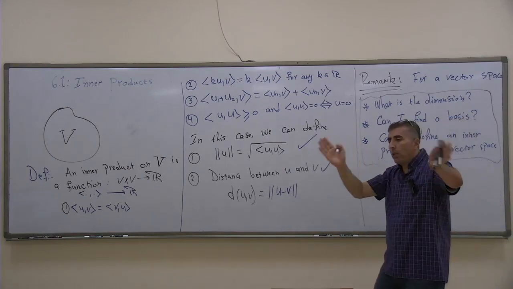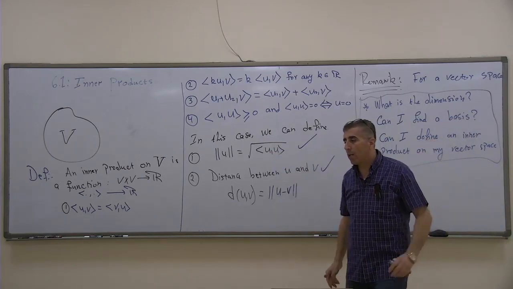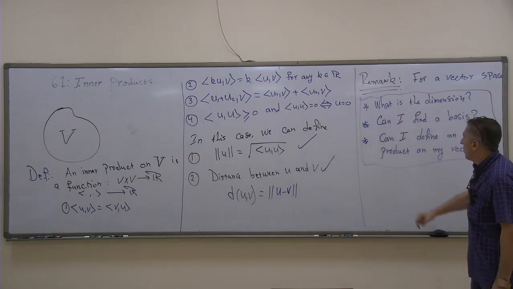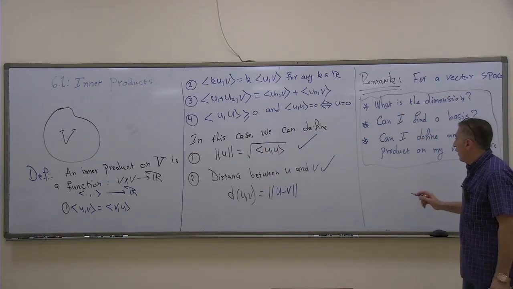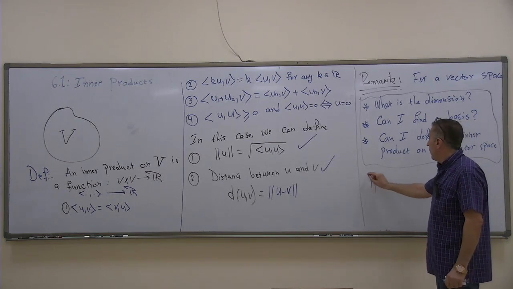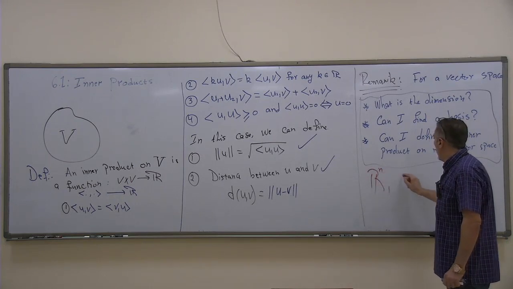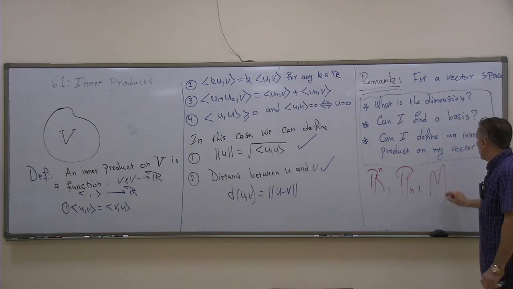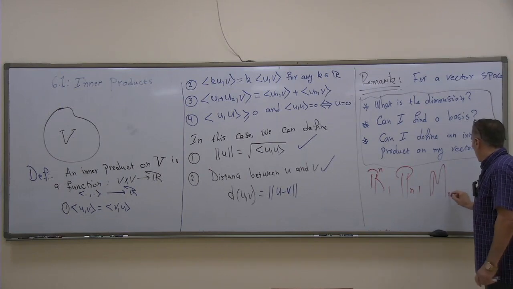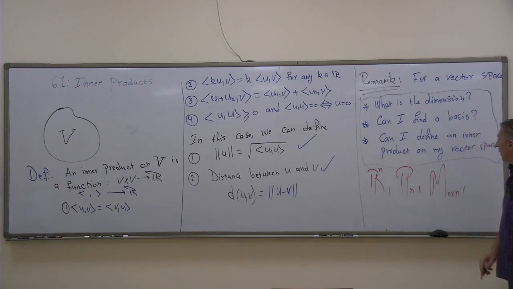Maybe it's good to put them in a table and summarize or give answers to those questions for each vector space we've seen. For example, when you have Rn, when you have Pn, when you have M by N, or M by N. Okay.